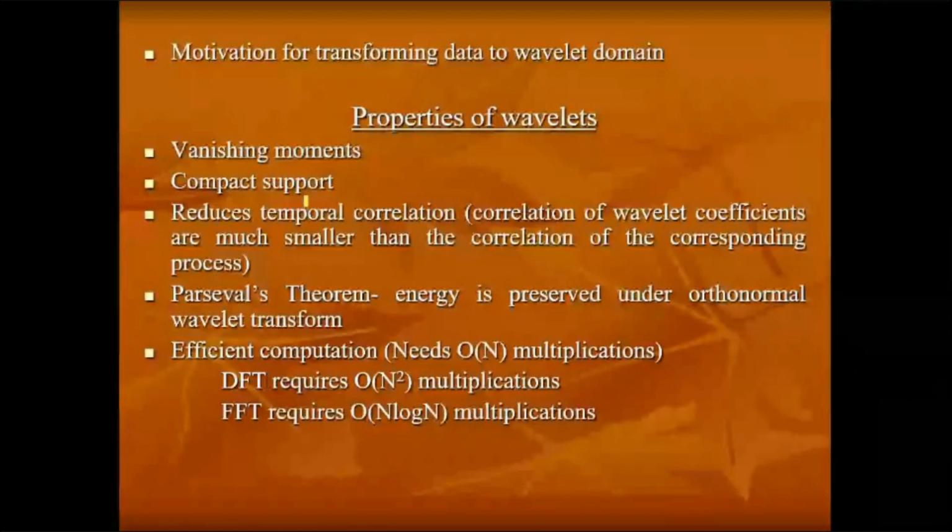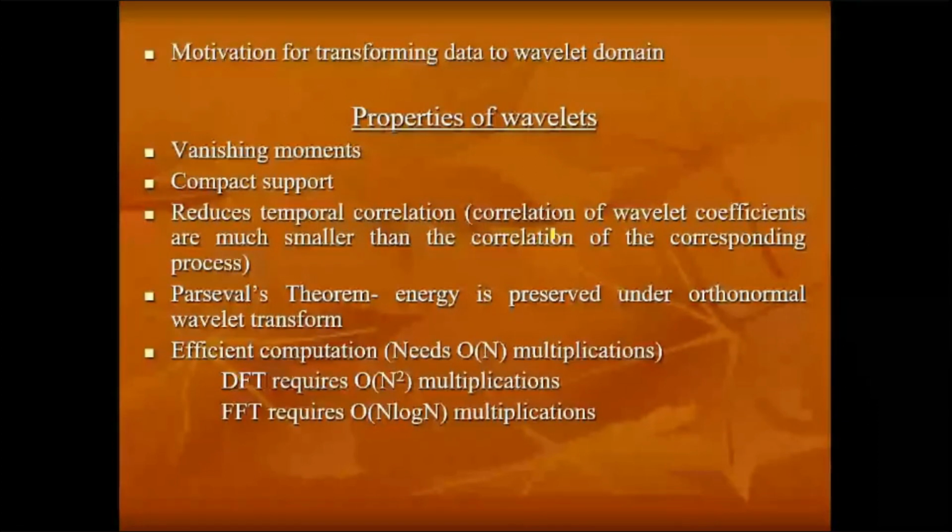The first property is the vanishing moment. How the moments are vanished, we will see in the example. The second is compact support: when we are breaking the signal into low and higher parts, how can we correlate with that? It reduces the temporal correlation, as I already told you about correlation. For wavelet coefficients, we directly find the correlation.